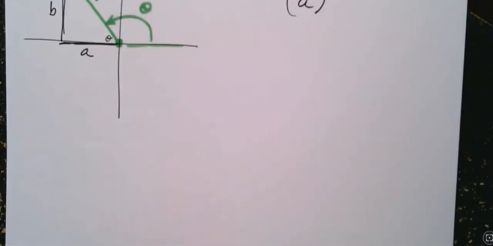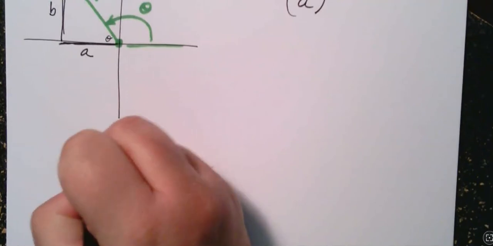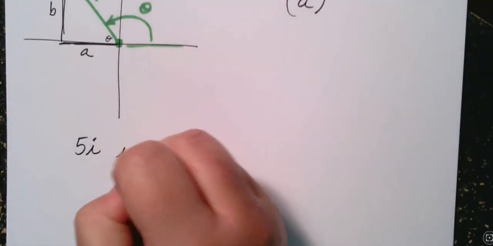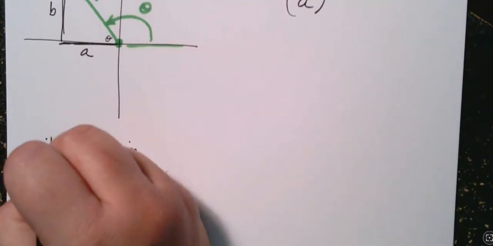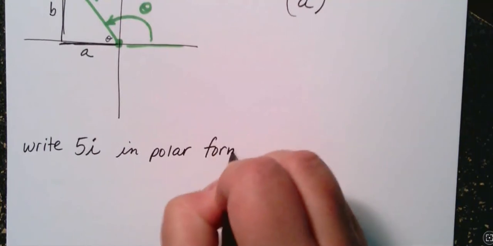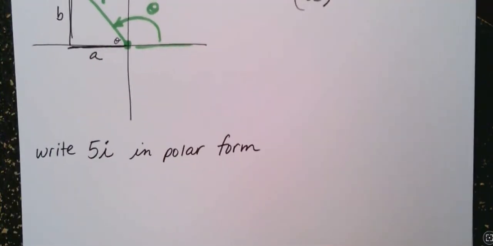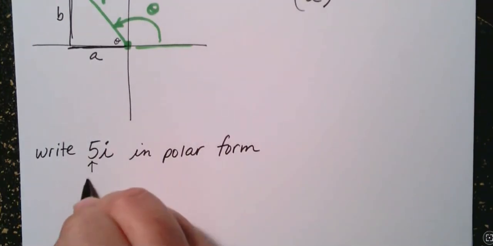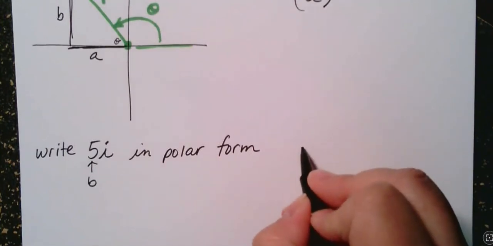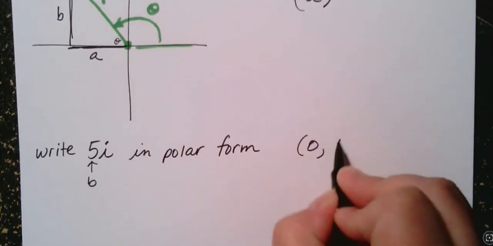Okay, so let's write 5i in polar form. Well, first thing to me is writing it in rectangular form, realizing that in terms of a and b, this is a plus bi. And so that means rectangular form for this point is (0, 5).